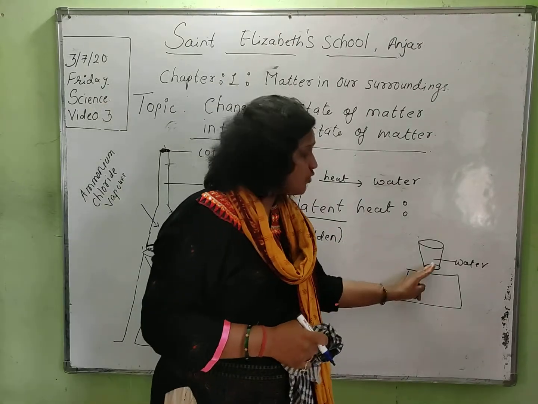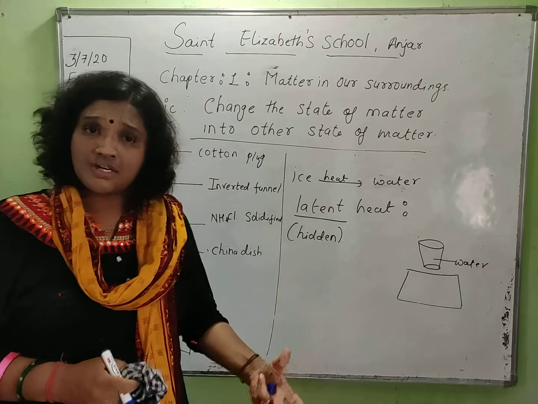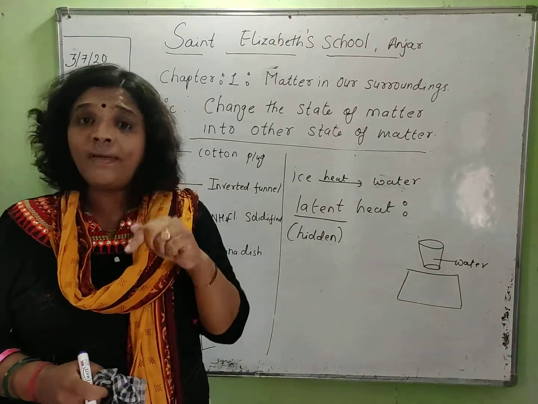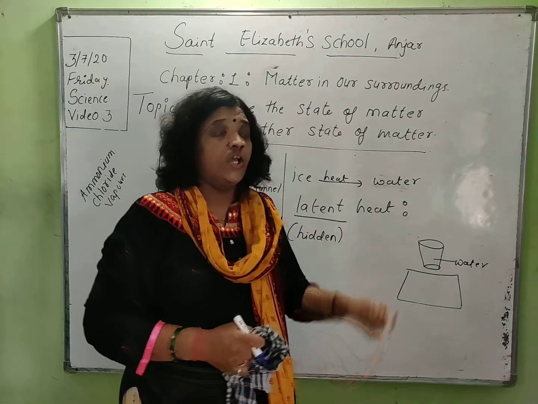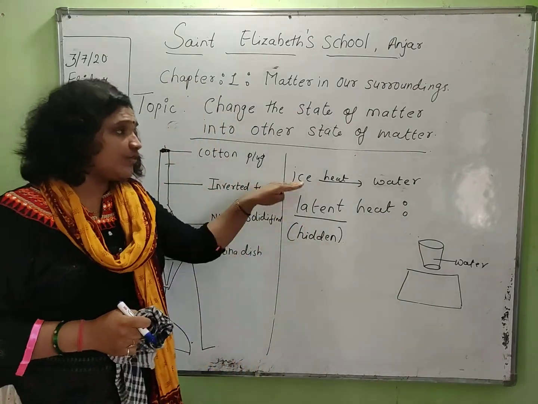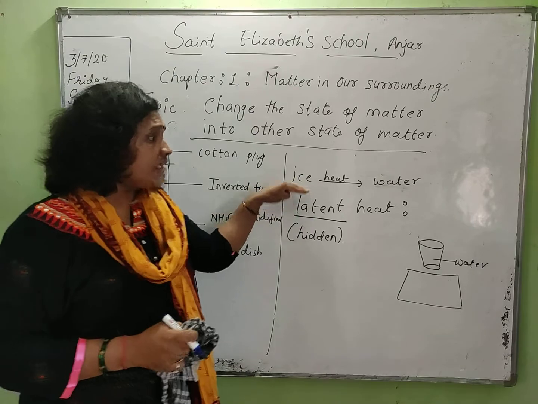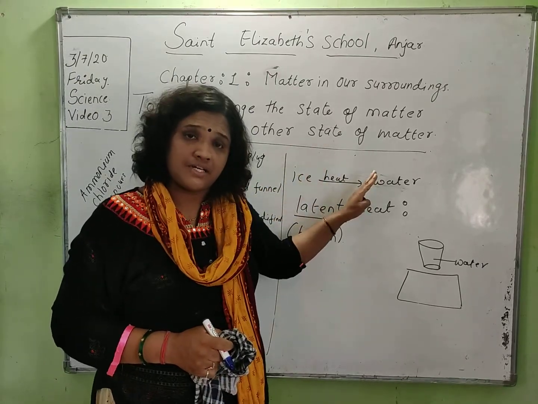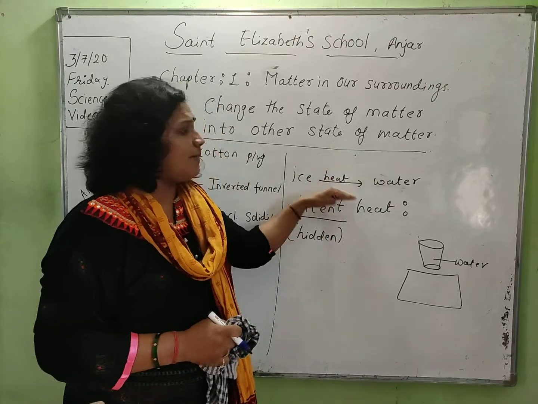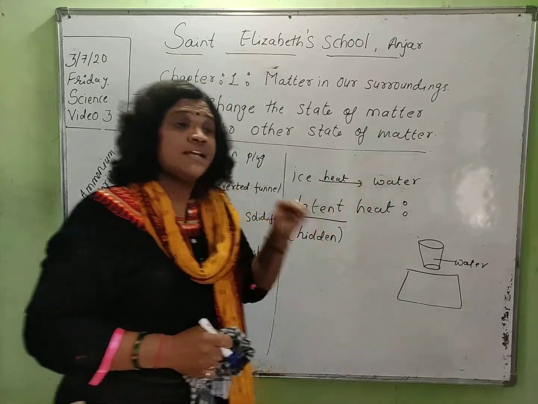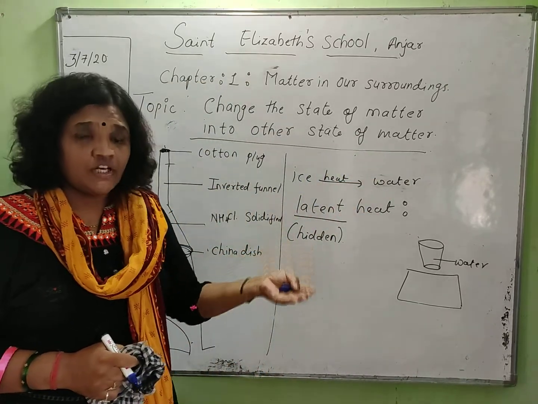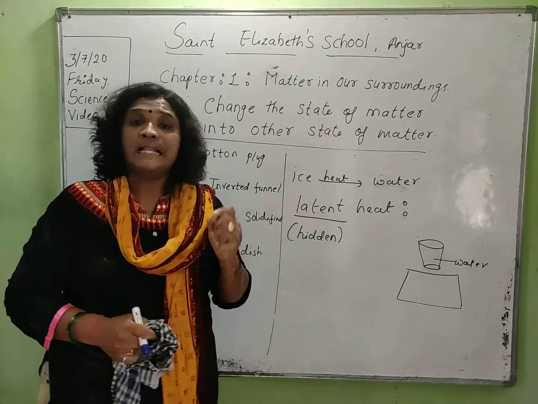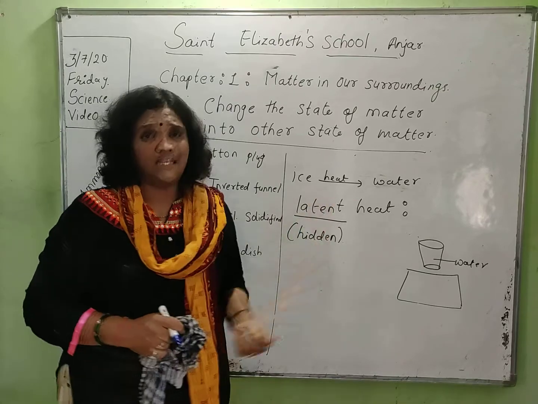Because whatever heat you give is absorbed by the water. When all the water has evaporated, after that it starts burning. Same thing here: when you give heat to the ice, whatever heat you are giving is absorbed by the particles of ice to convert all particles into the water form. Therefore the thermometer will not show deflection, and this heat is known as latent heat, that is, hidden heat.